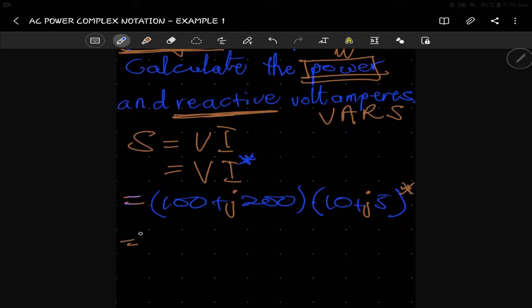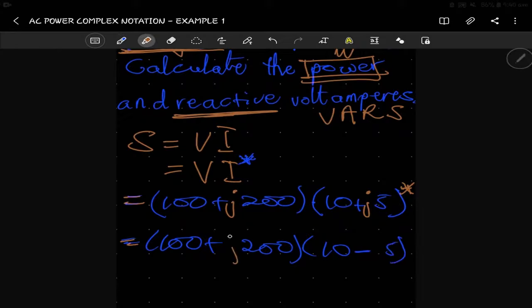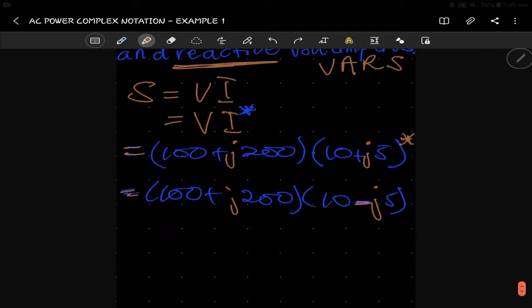So that means that we have 100 plus j200, and we have 10 here. If we do the conjugate, we end up getting minus j5. So our j and our j, yes, minus. And now when it gets here, you don't have to always do the manual computation.